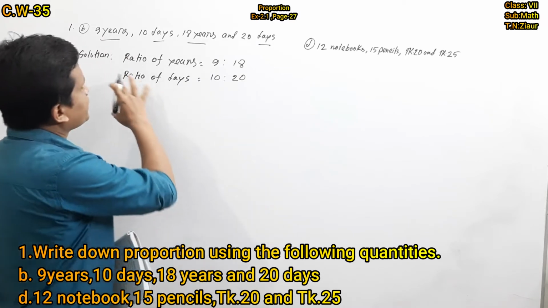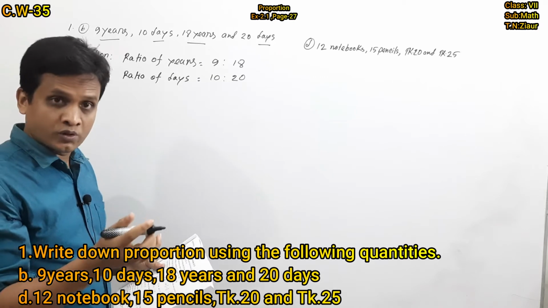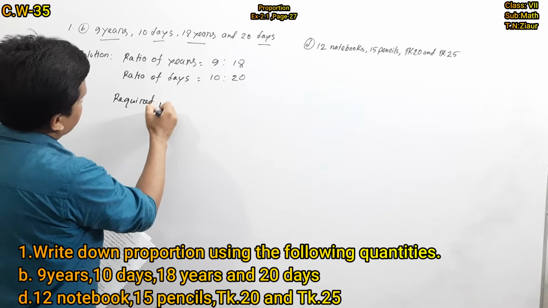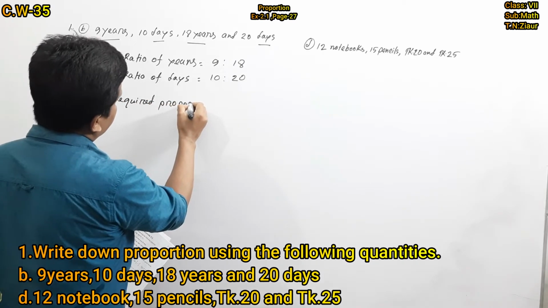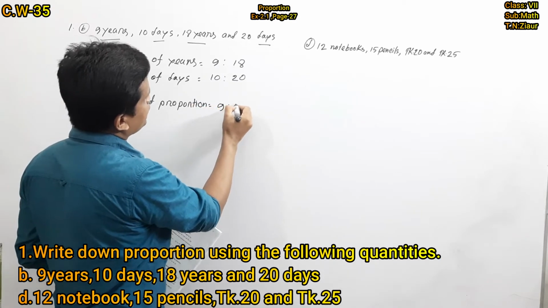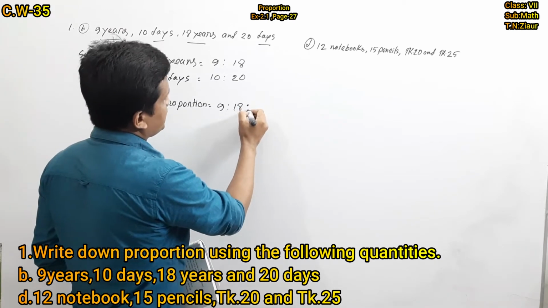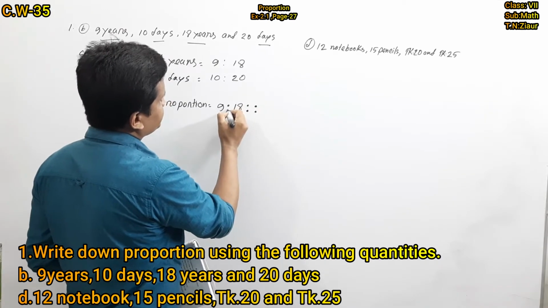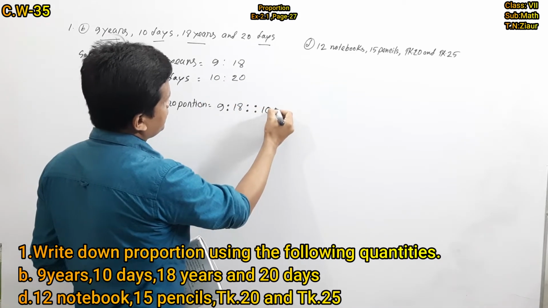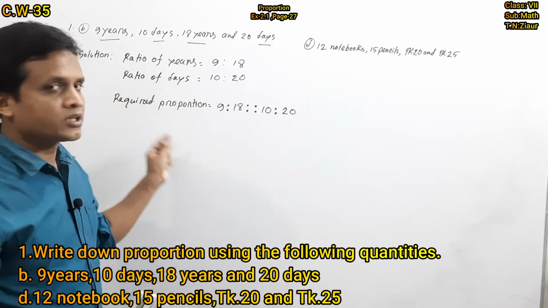Now if I write this ratio into proportion, here given write down the proportion. So required proportion we can write: 9 is to 18. What is the symbol of proportion? Double colon, right? This one is proportion. So next this ratio, 10 is to 20. This one is the answer, right? Have you understood this one?